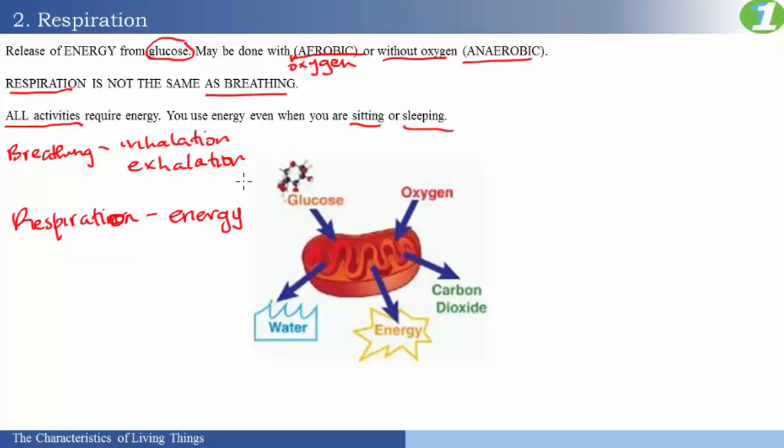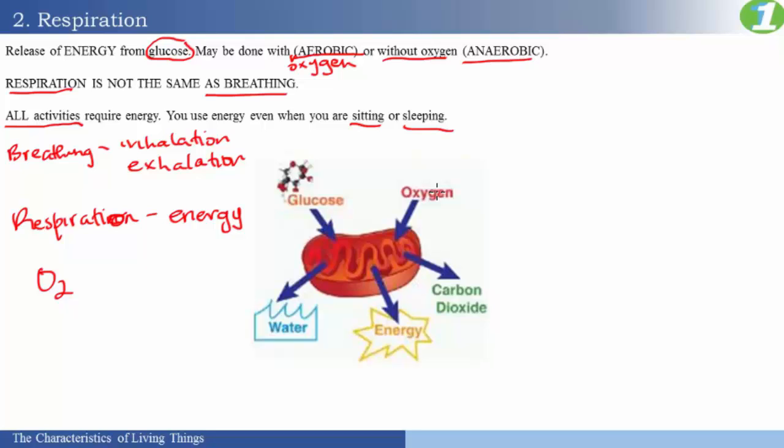Now, respiration is dependent on breathing, because we need to take in oxygen to break down the glucose molecule to release energy during aerobic respiration. But respiration can also occur without oxygen. So in that case, it is not entirely dependent on breathing. The two are linked, but they are not the same.